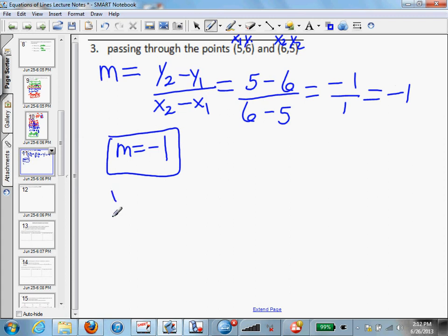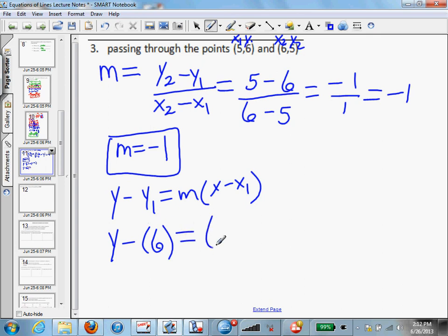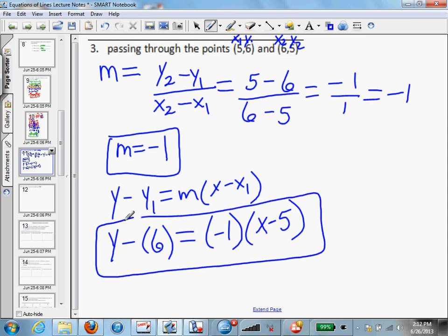Now let's use point-slope form of y minus y1 equals m times the quantity x minus x1. Let's plug in the values that we know. Y minus, let's keep the same value of 6 for y1, times negative 1 for the slope, times x minus x1, which is 5. So this is considered point-slope form at this step right here.